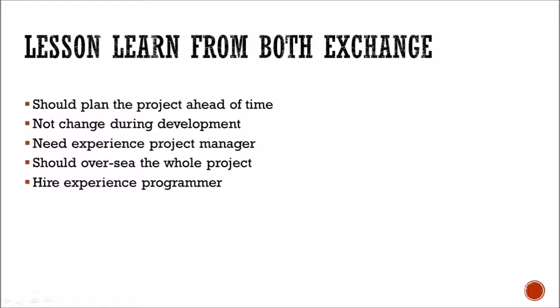They failed to hire project managers that could oversee the whole thing, and they also didn't have good programming experience to do the job. So without all these key people, the projects are more likely to fail in the end.